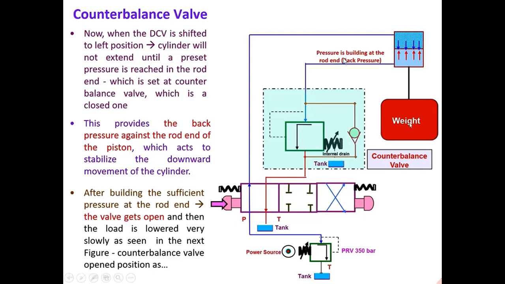See, pressure is building at the rod end, then the liquid goes to the tank, the return tank. This counterbalance valve provides the back pressure against the rod end of the piston, which acts to stabilize the downward movement of the cylinder.